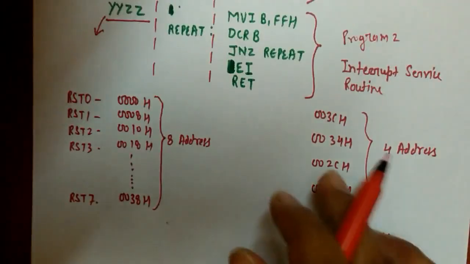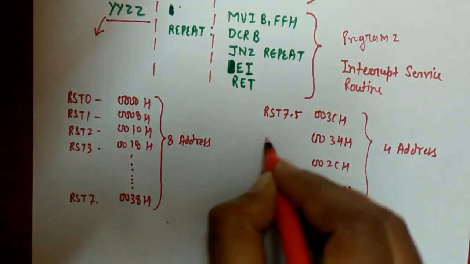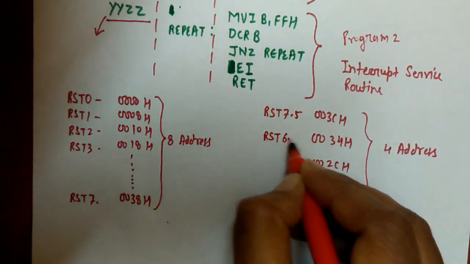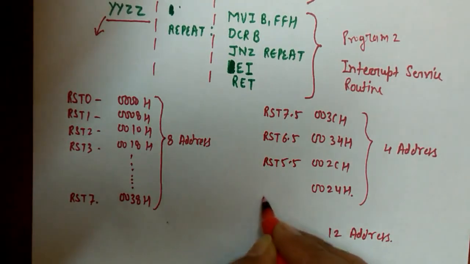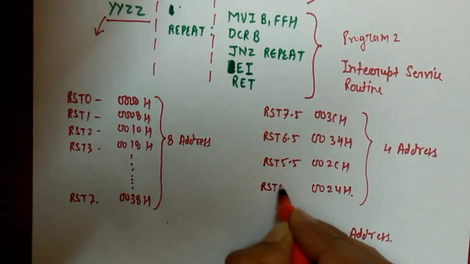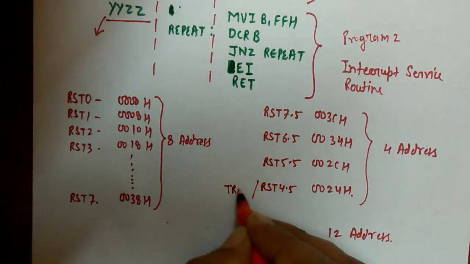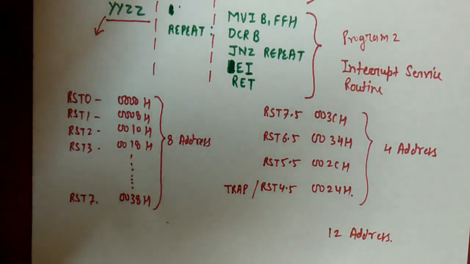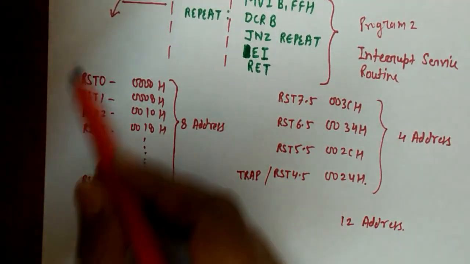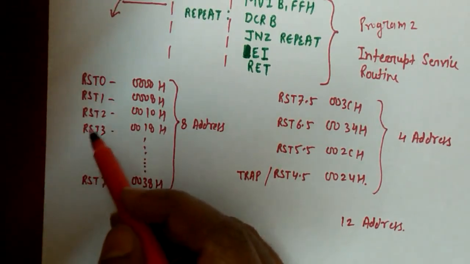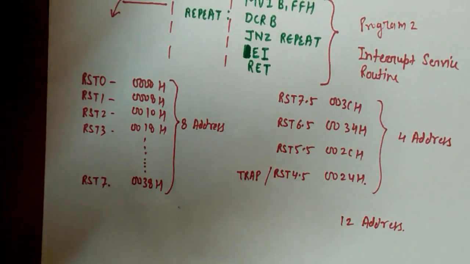And these addresses are assigned to RST 7.5, RST 6.5, RST 5.5, and RST 4.5. This RST 4.5 is actually TRAP. RST 4.5 is another name of TRAP. So this side all of these are instructions. These are restart instructions, RST instructions, and this side all of these 4 are pins of the microprocessor.